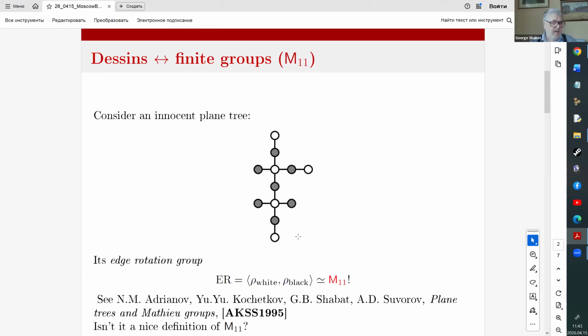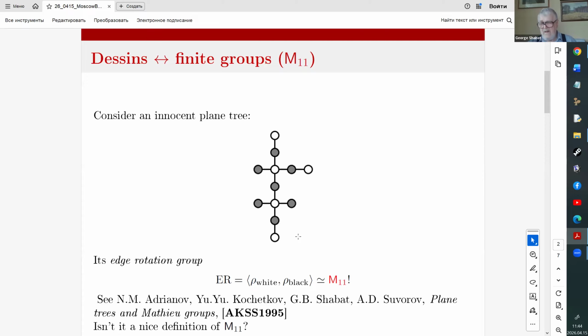And with the dessins of genus 0, M24, the third one, has been realized, and the 2 more, M12 and M24, but it is out of today's talk.